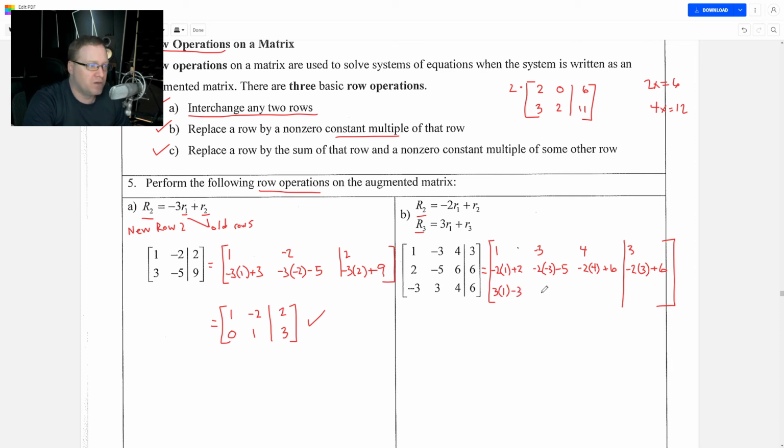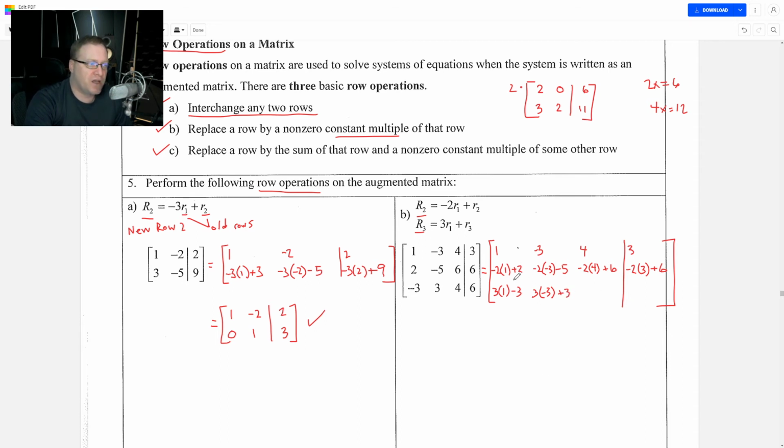Then this one is going to be 3 times our old first row, so 3 times -3, and then plus our old third row, which is 3, so plus 3.